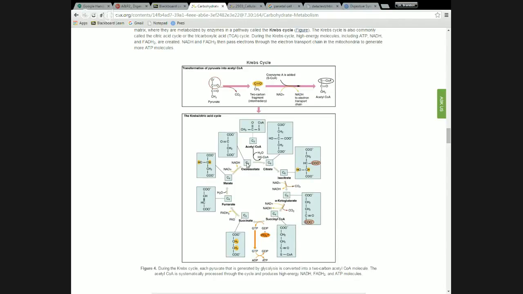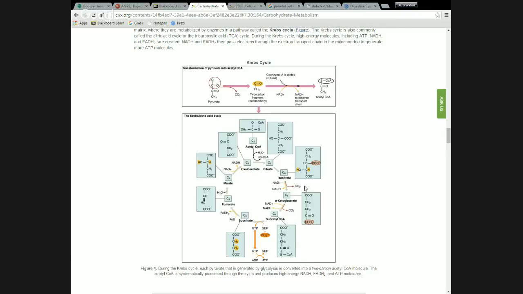A 4-carbon molecule and a 2-carbon molecule come together to give us a 6-carbon molecule, which is modified to a different 6-carbon molecule, which is modified to a 5-carbon molecule where it gives off 1 carbon as carbon dioxide, and then it gives off another carbon as carbon dioxide, and it's a 4-carbon molecule, which is modified to a different 4-carbon molecule, and so on, until a 4-carbon molecule combines with a 2-carbon molecule. And it just repeats over and over again, the same reactions.